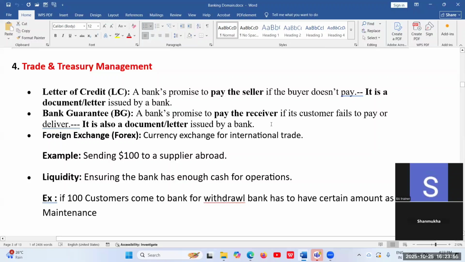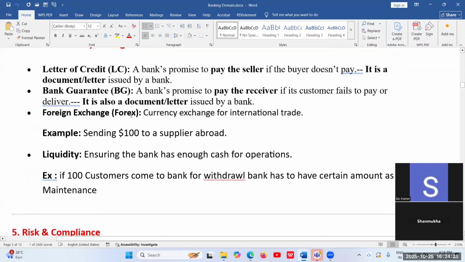If the customer is not able to pay the receiver, the bank will stand as a guarantee. The bank will process the amount if they fail to pay into our account. This is called bank guarantee, BG, and LC is letter of credit. It is also one of the documents or letters issued by a bank.